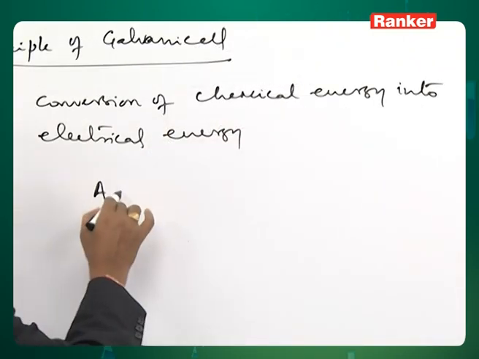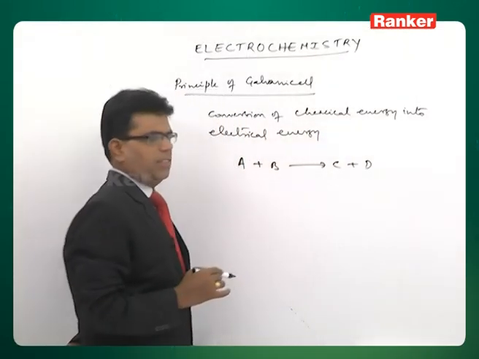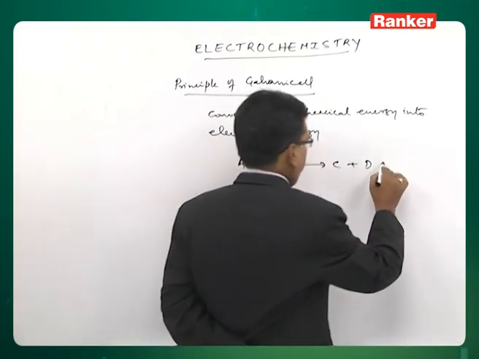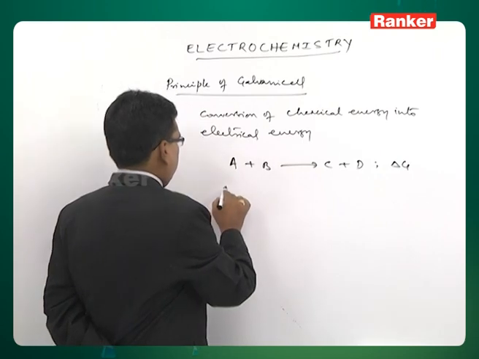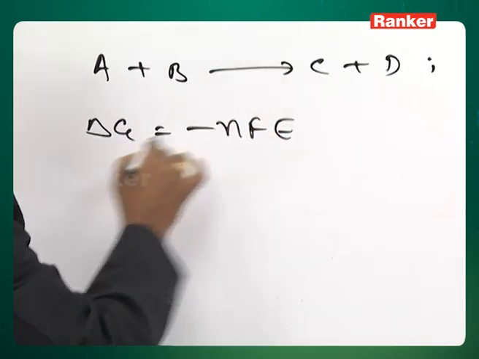Suppose you have a reaction A plus B giving rise to C plus D. This reaction is accompanied by a certain energy change. The free energy change of the reaction, delta G, will be there. This delta G is converted into electrical work, that is minus nFE.